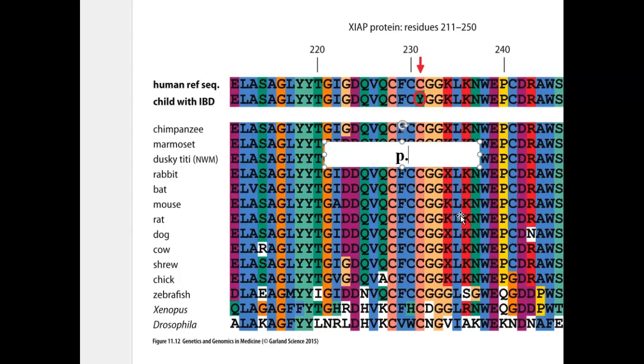The next thing we do is write what the normal version would be, which would be cysteine. And then the location is the 231st amino acid, and then what it actually became. So we can read that this is a mutation in the protein of cysteine at amino acid 231 into tyrosine. And that's just another little trick for you.